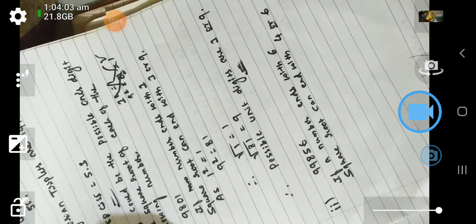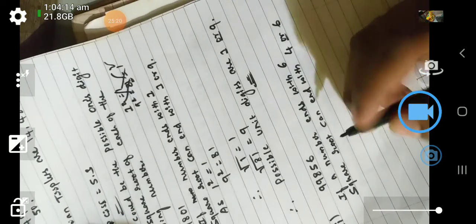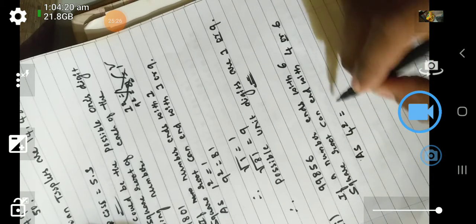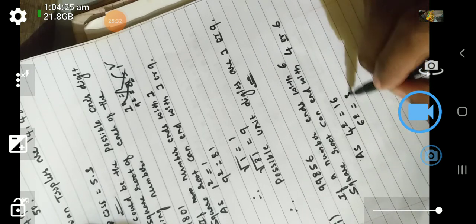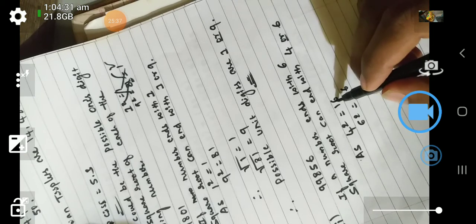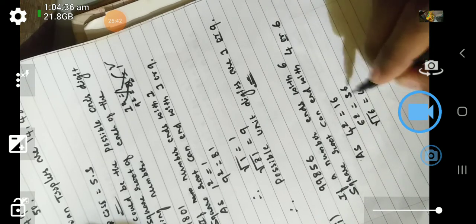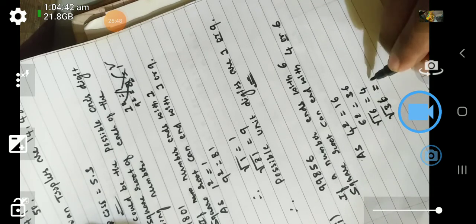Okay, 4 or 6, because 4 square is equal to 16 and 6 square is equal to 36, isn't it? So the unit digit comes as 6. Here you can write: square root of 16 is 4, and square root of 36 is 6.